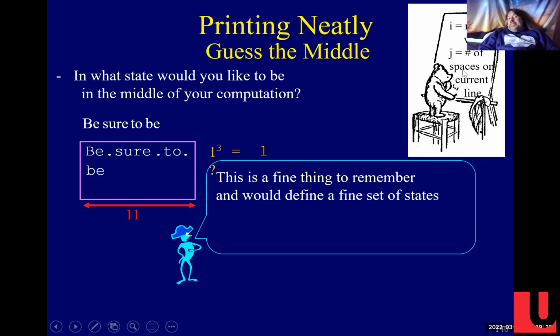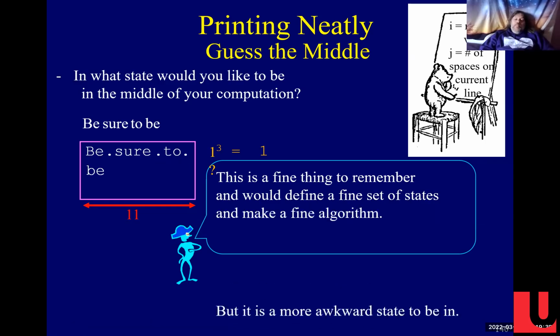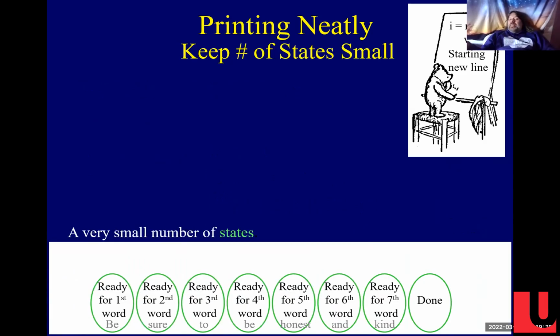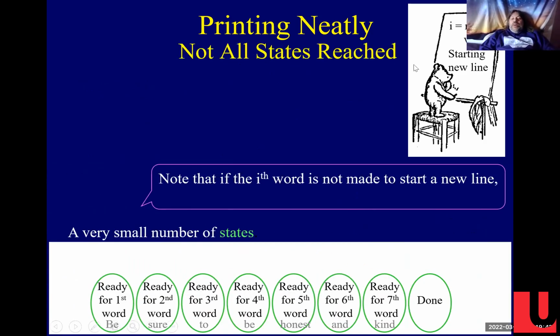You can see we have more states because we have the number of words times the number of spaces on the line. Anyway, this has very few states. Everybody understand what these states are? It's not like all these states are going to be reached, right?